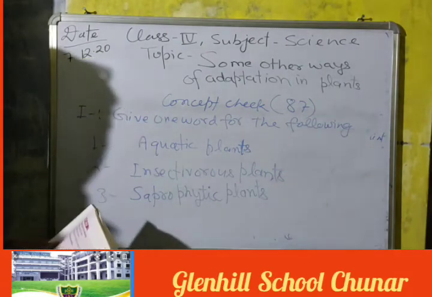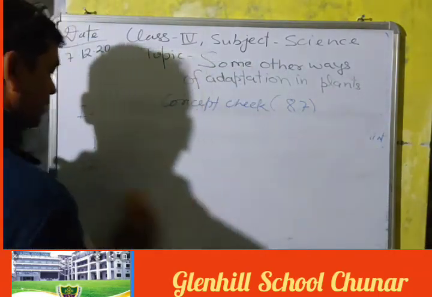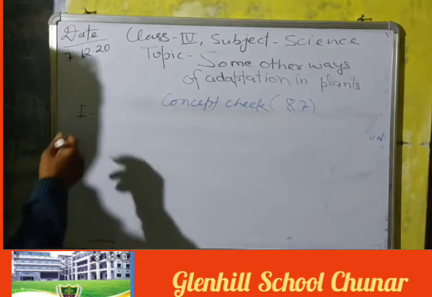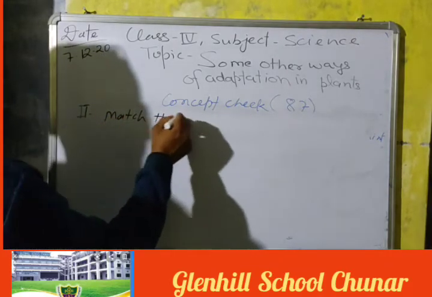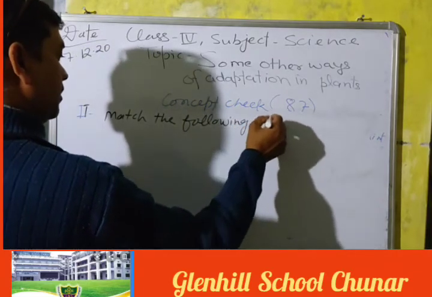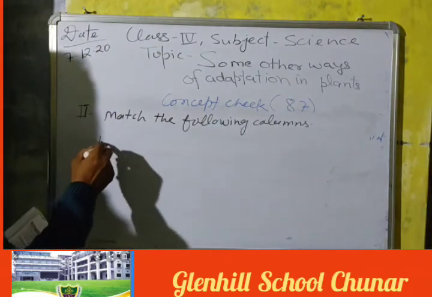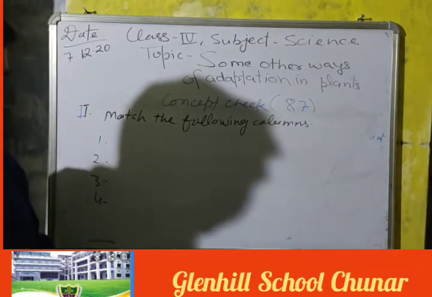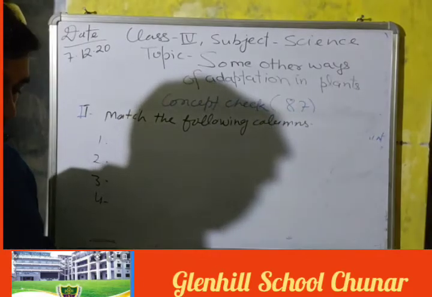Now, second, match the following columns. First, second, third, and fourth. Water hyacinth is a floating plant.